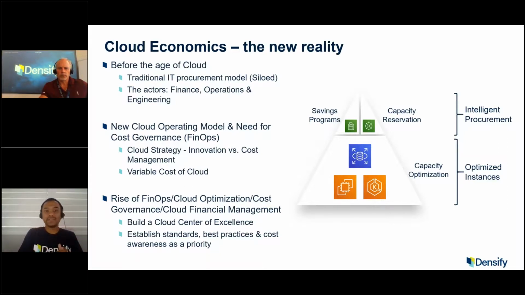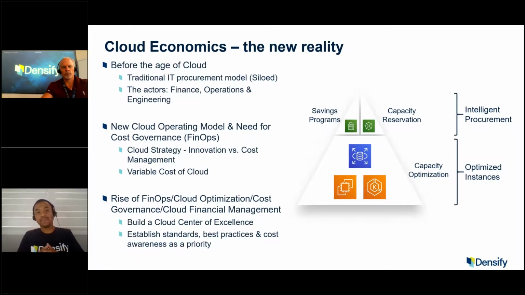You had finance teams, operations teams, and engineering teams, and these teams generally did not interact with each other. Finance said, tell me what hardware we need to buy, what servers we need to procure, and we bought the hardware for 3 to 5 year terms, based on the biggest consumption model we could think of. What's the worst traffic that we could possibly have? And we had this VM sprawl, oversized VMs and whatnot.